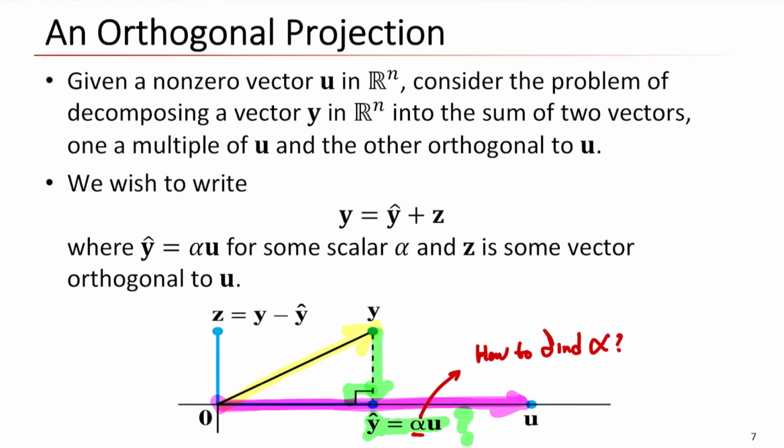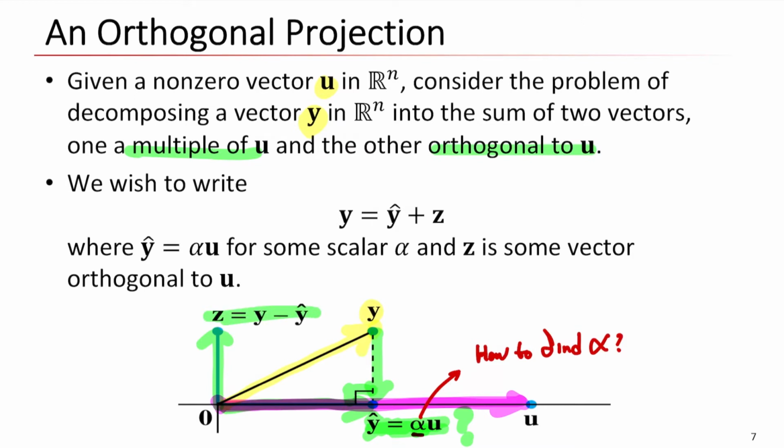Okay, let's start. Given a non-zero vector u in Rn space, consider the problem of decomposing a vector y in Rn space into the sum of two vectors: one multiple of the u, and the other orthogonal to u.